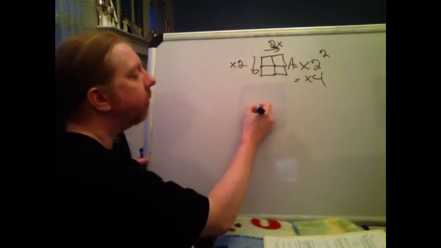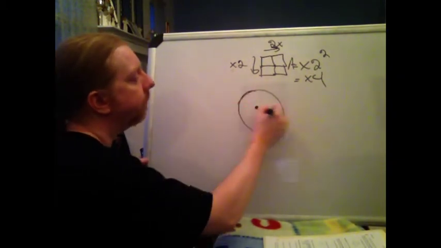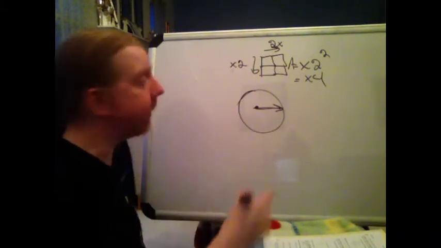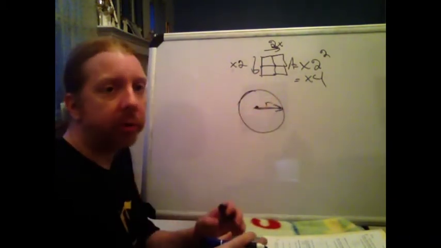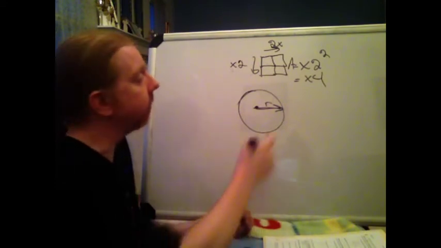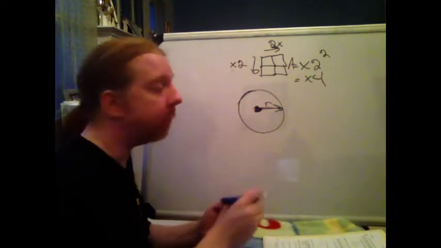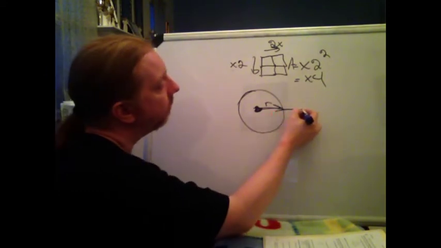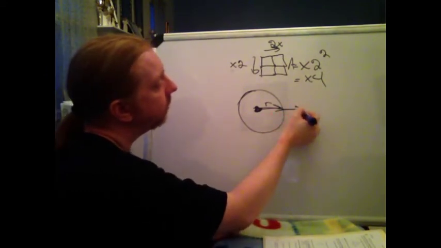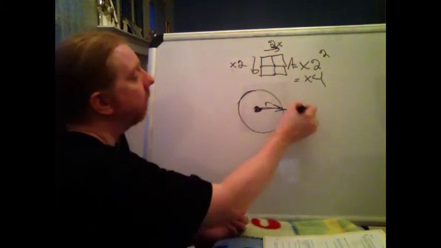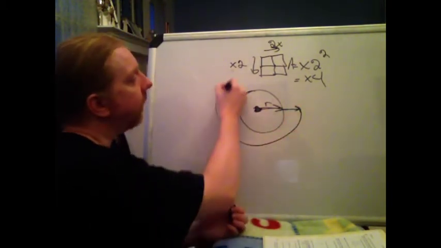When I talk about a circle, I only have one dimension to work with, really, and that's the radius. Remember, a circle is defined as the collection of points all equidistant from a given center, which means if I were to double the radius, that's effectively going to double all of those distances around.